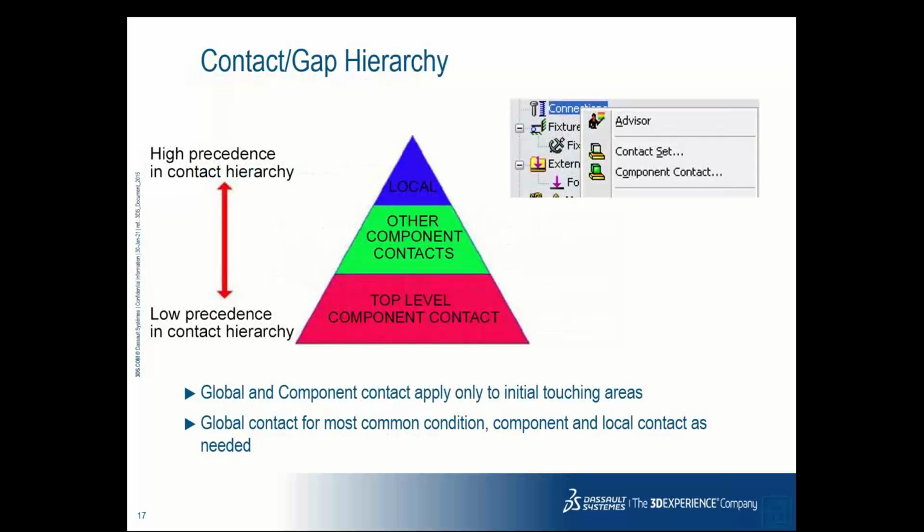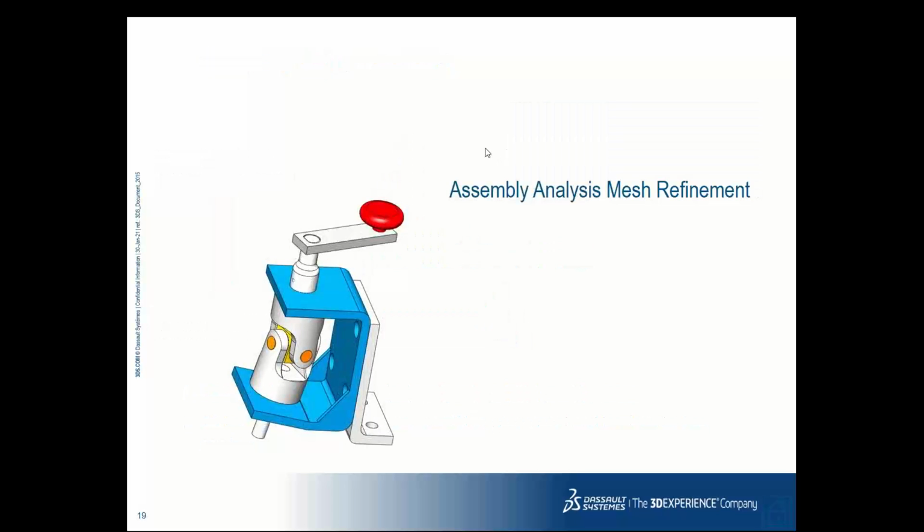Okay. The next thing we will be considering is the context while we will be simulating an assembly. This is a small example of a Cardan joint. We will be learning multiple things in this assembly.